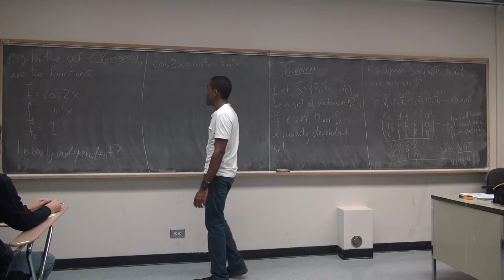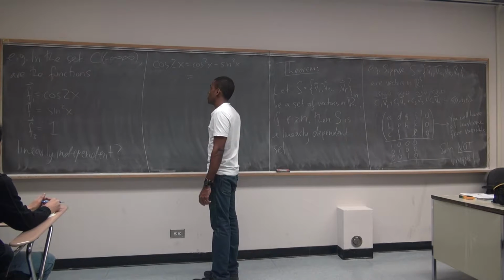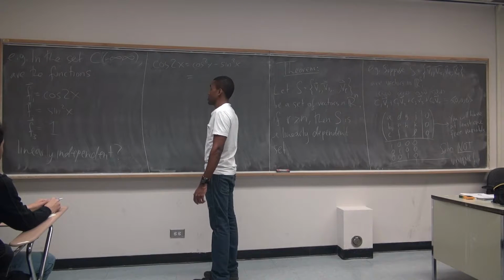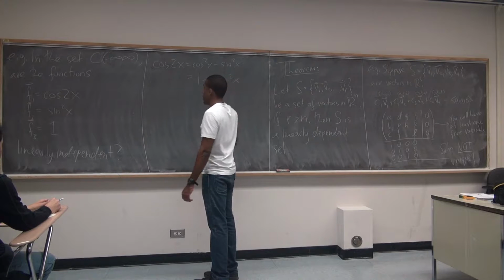So then what does that give us here? We can just replace cosine squared with 1 minus sine squared, right? So this is basically a trig identity.